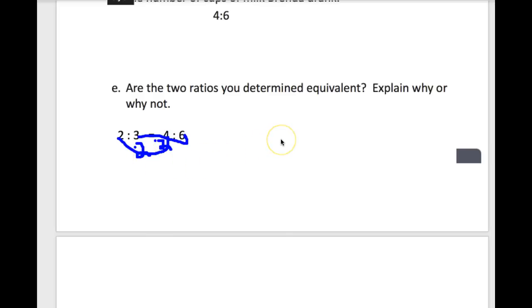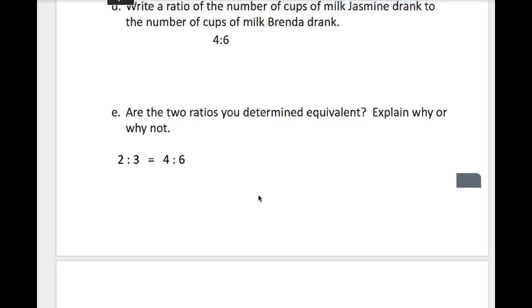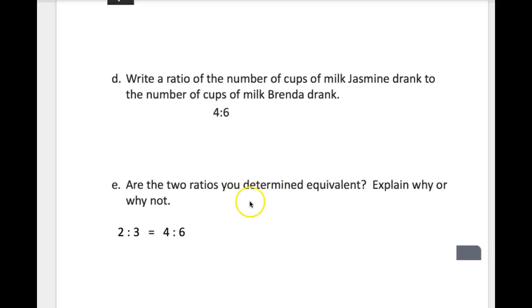Now what you're supposed to do for E is explain using words whether the two ratios we determined are equivalent.